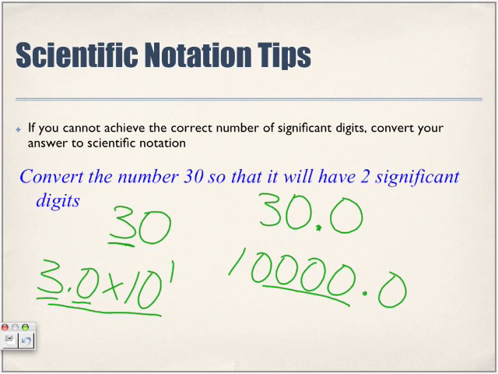So we put it into scientific notation and we get 1.0, right? There's 2 significant digits, times 10 to the power of 4. Okay, so now we showed 10,000 as 1.0 times 10 to the power of 4, which is still 10,000, but we wrote it down in scientific notation to give us the right number of significant digits that we need.